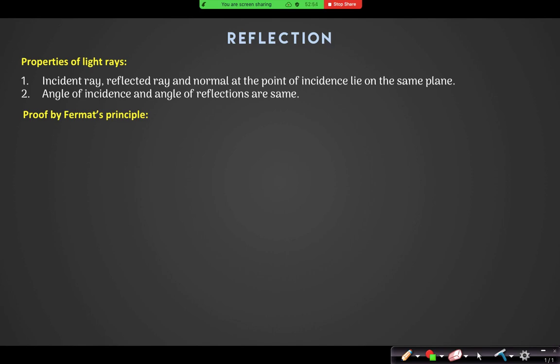Light rays are imaginary, but the properties of light you can always see. Suppose you have a torchlight here, right? So that torchlight will produce a light ray. You cannot see a light ray, it is an imaginary thing. It may be that torchlight is producing some wave. It may be that torchlight is producing some particles. We are not bothering about that. And after reflection, here the reflection is occurring.